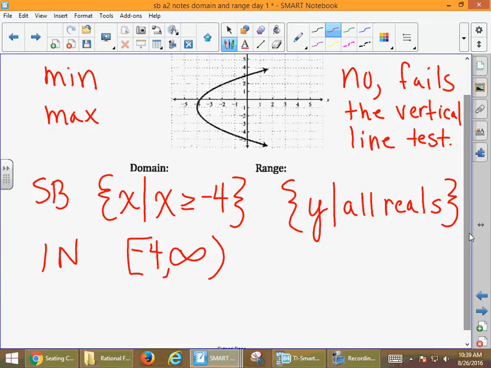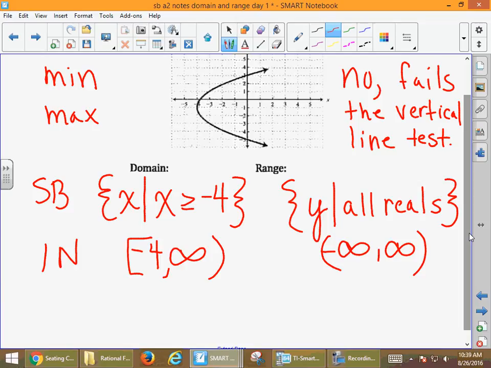Well, if we look back up at the top of our paper and we look at our example there, we see negative infinity to positive infinity. Again, remember that infinity always has a parentheses. Our range here is negative infinity to infinity.